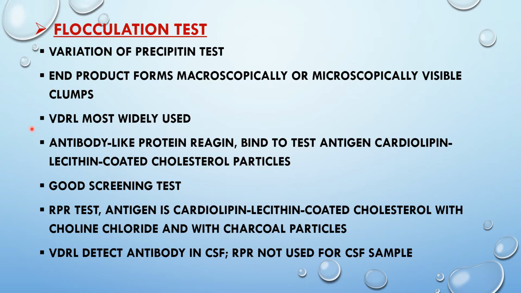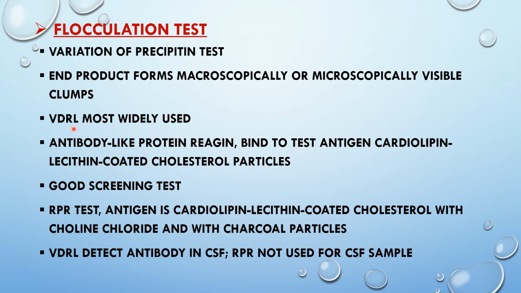If we want to perform the VDRL test, what antigen will we take? Cardiolipin, lecithin coated cholesterol particles as antigen. Where are the antibodies? Antibodies are there in the patient serum if the patient is infected with syphilis. This is a good screening test.